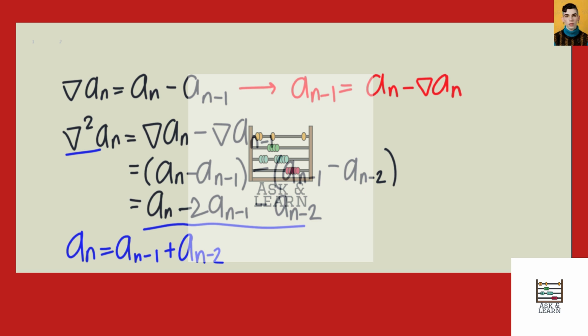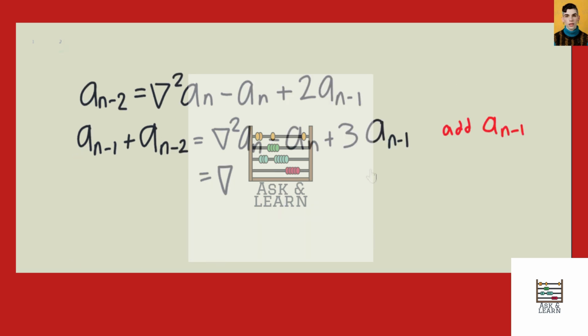So we're just going to rewrite that and then plug in that value for a_n minus 1 here. Okay, so this gives us the second difference of a_n minus a_n plus 3 times a_n minus the first difference of a_n.